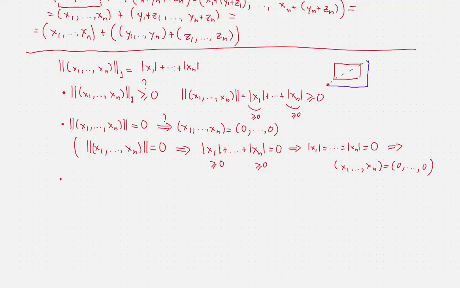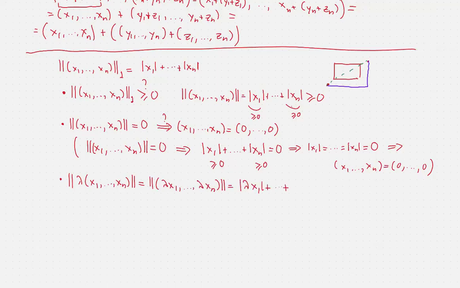scalar multiplication. So if I take the norm of the scalar product of a real number lambda by a vector, then this norm will simply be the norm of lambda x1 all the way to lambda xn. And this is by definition of the norm absolute value of lambda times x1 plus all the way to absolute value of lambda times xn.